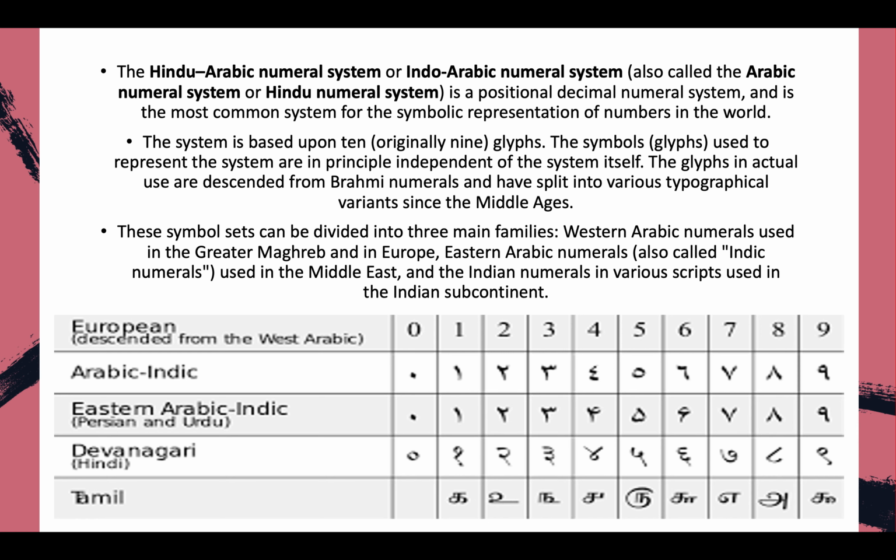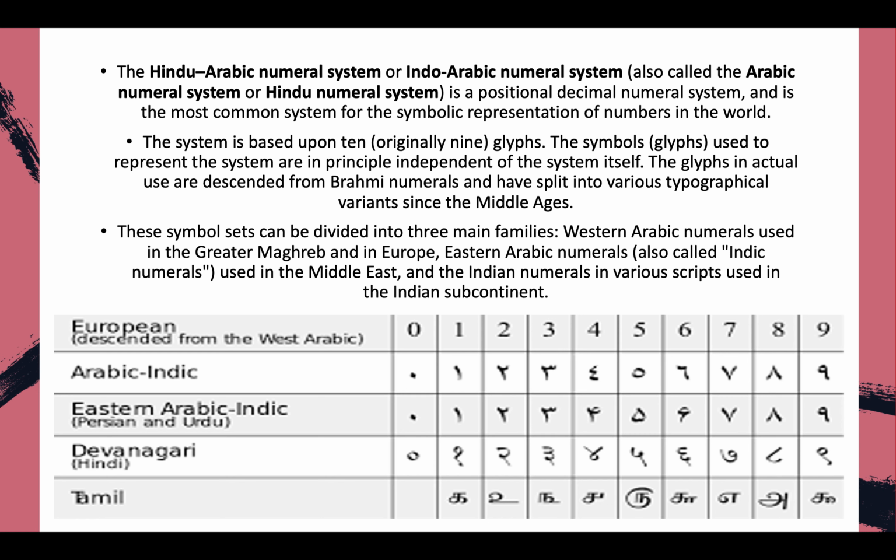These sets can be divided into three main families: Western Arabic numerals, used in the Greater Maghreb and in Europe; Eastern Arabic numerals, also called Indic numerals, used in the Middle East; and the Indian numerals in various scripts used in the Indian subcontinent.